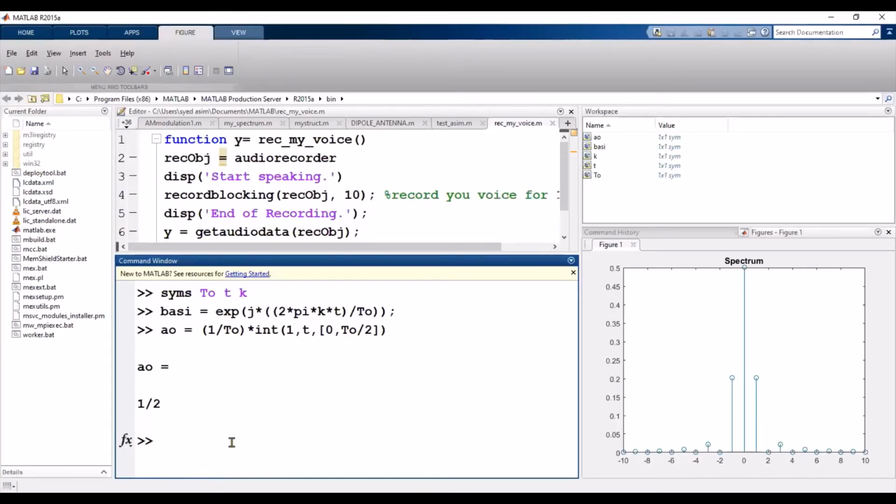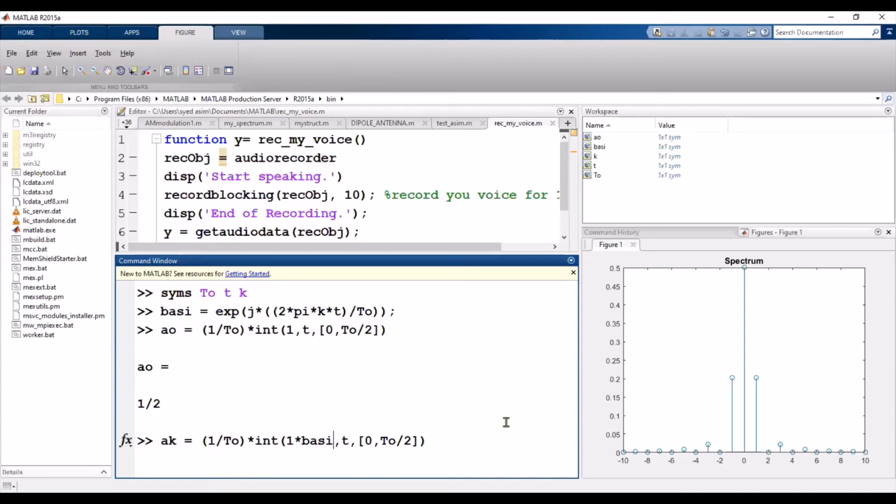Now I am going to calculate the coefficient a_k, which is again 1 over T naught. I simply change the name to a_k: 1 over T naught times the integral of 1 times the basis function.